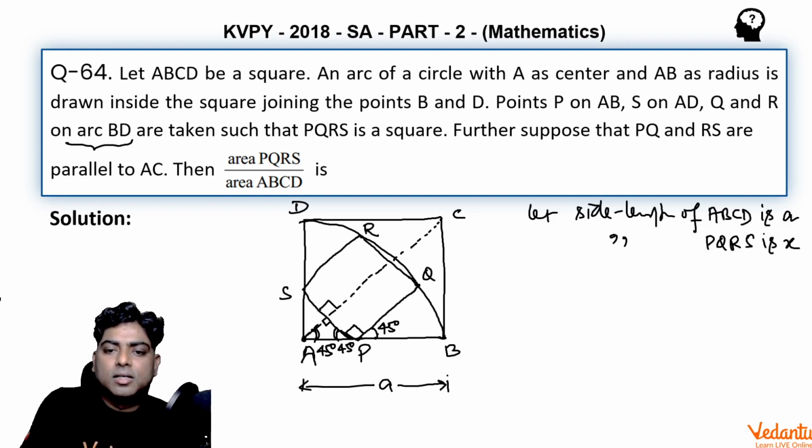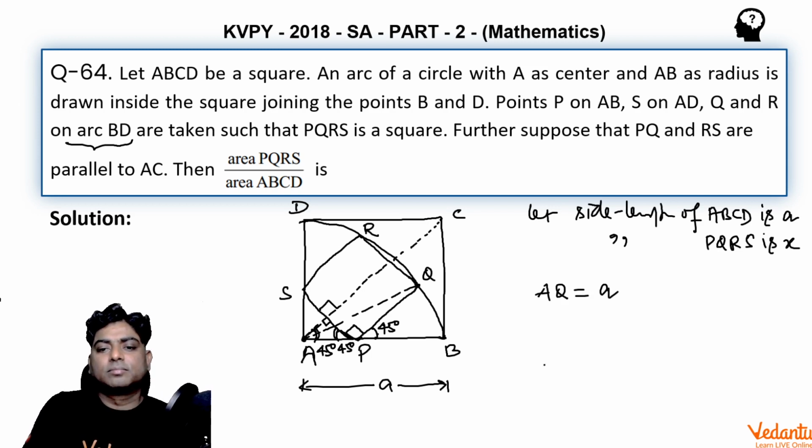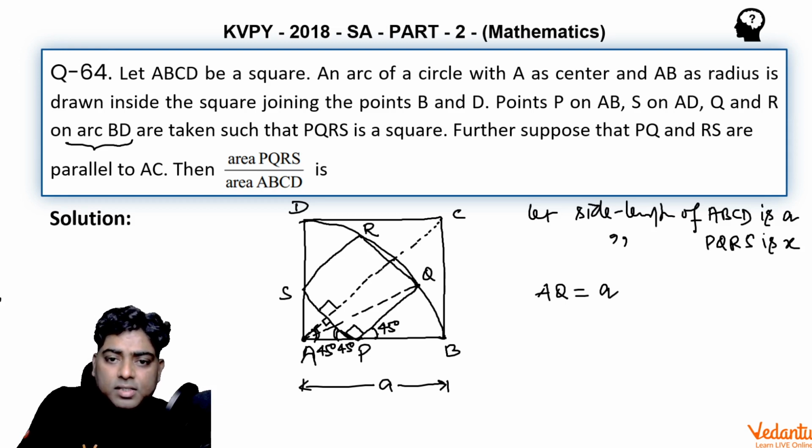So if I join A with Q, what is AQ? AQ is equal to small a, isn't it? And this angle is 90, because RQ is perpendicular to AC.